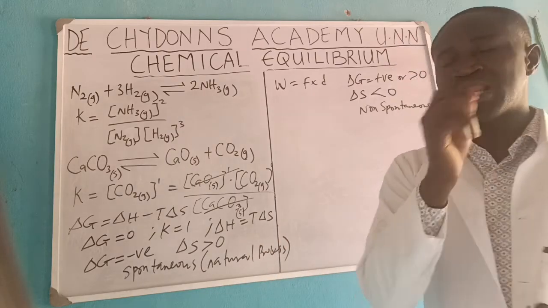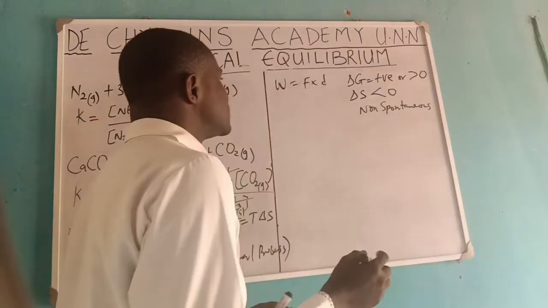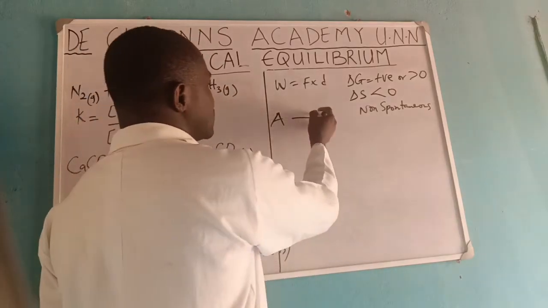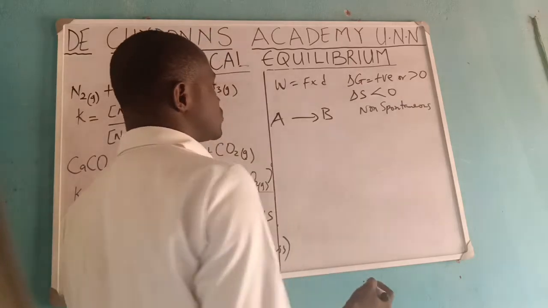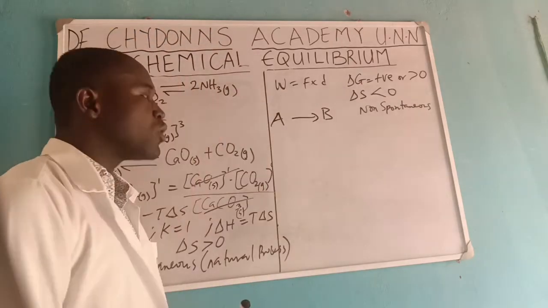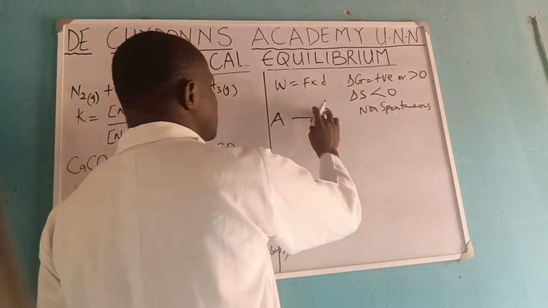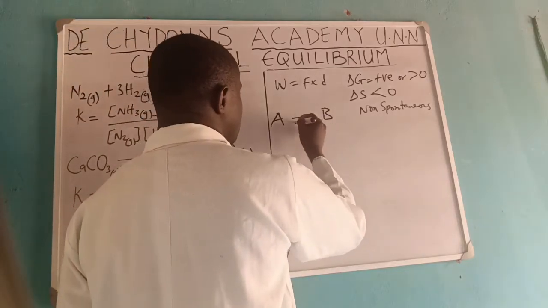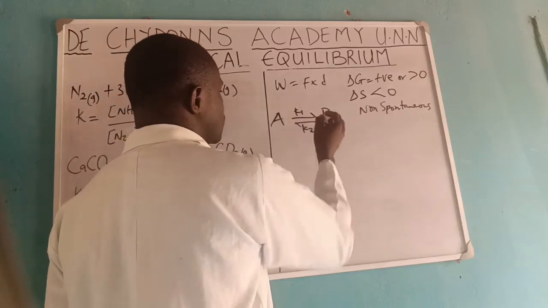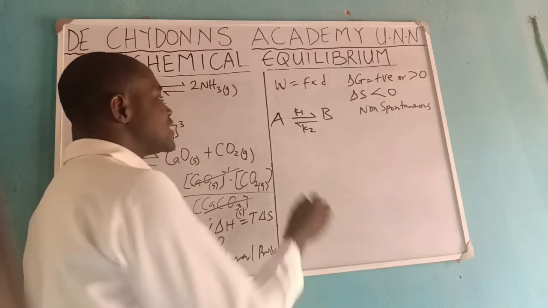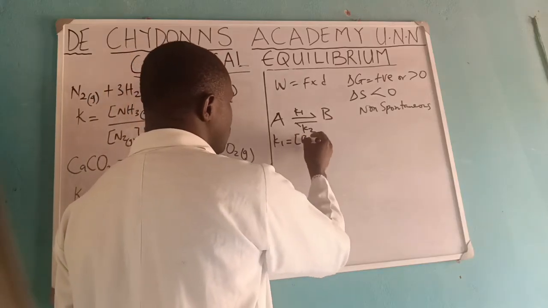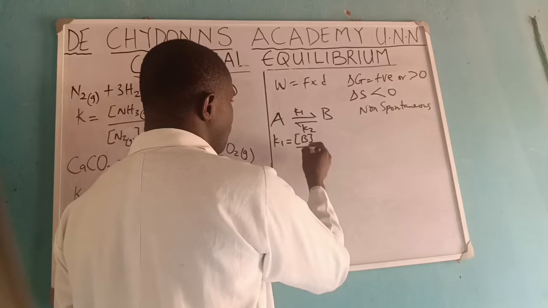Okay? Now, we also said that when you have this reactant giving you this product, let's put it in reversible because we are talking about equilibrium. And this is your K1 and this is your K2. We said your K1 will be equal to this one raised all over this one, right?